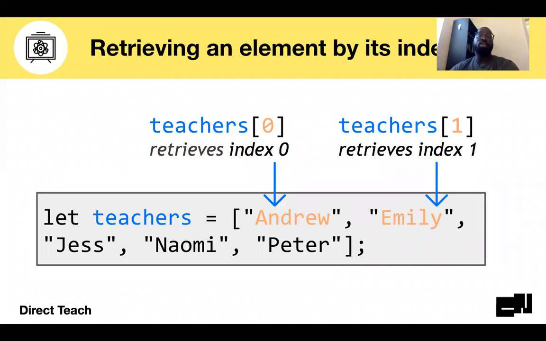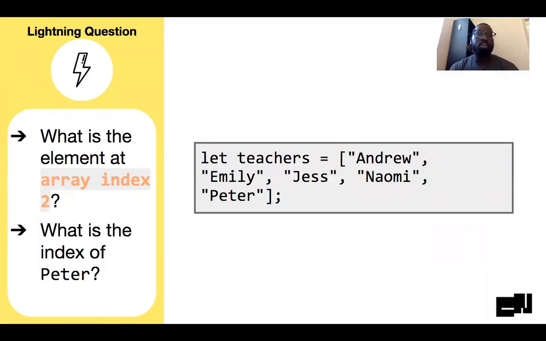In order to retrieve something out of an array, you have to use the array name and then give the array index. So teachers square bracket 0 would give me Andrew. Teachers square bracket 1 would give me Emily, and that's how I can retrieve something out of the array. All right? So what is the element at array index 2 here?